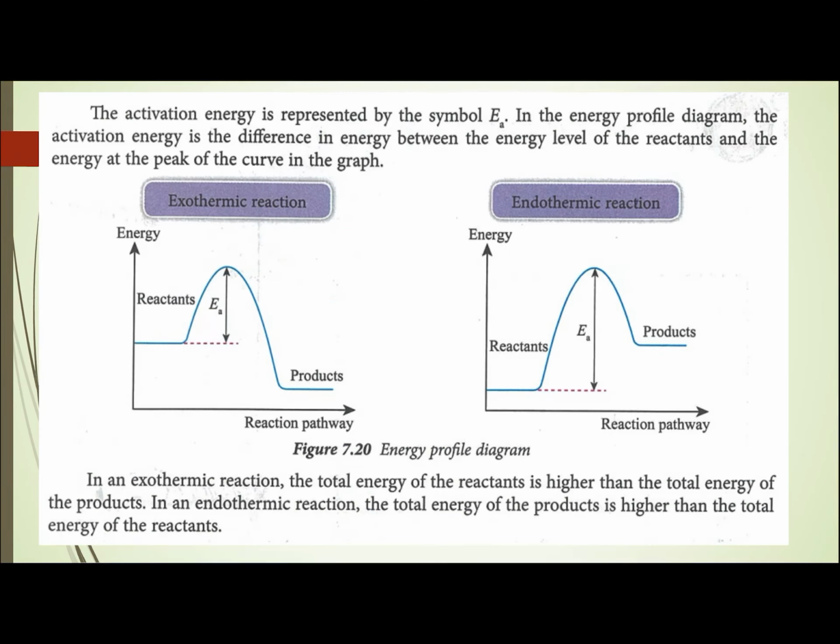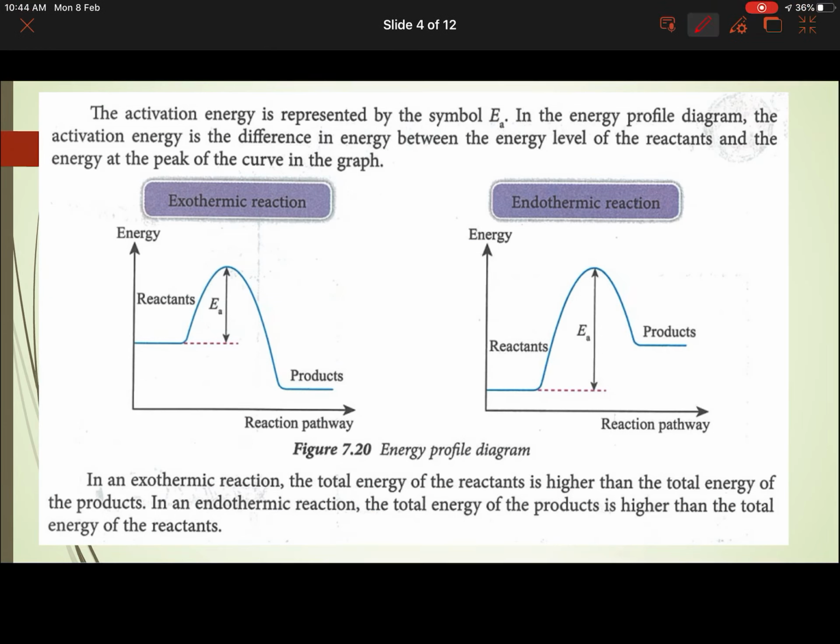Next, how do we write activation energy? In the energy profile diagram, we write activation energy between the energy level of the reactant and the energy at the peak of the curve in the graph.